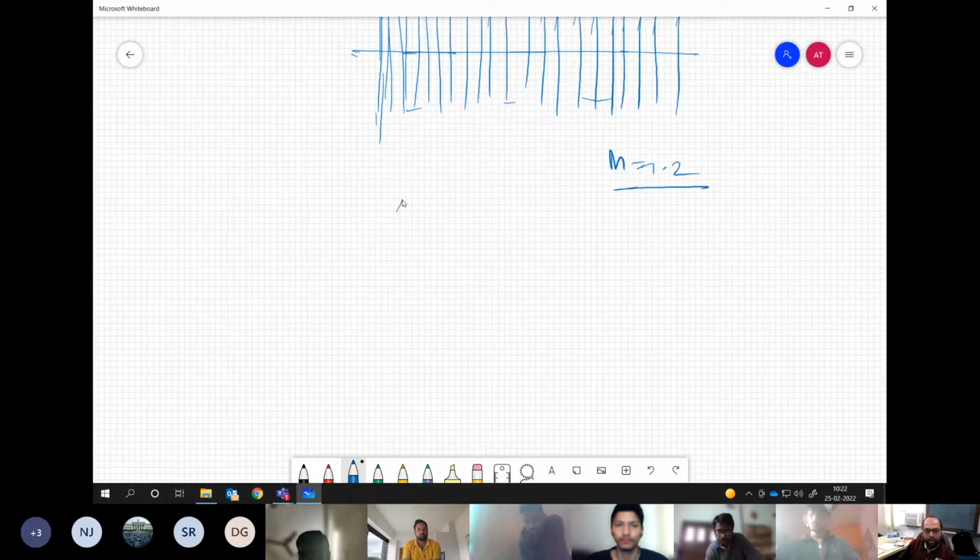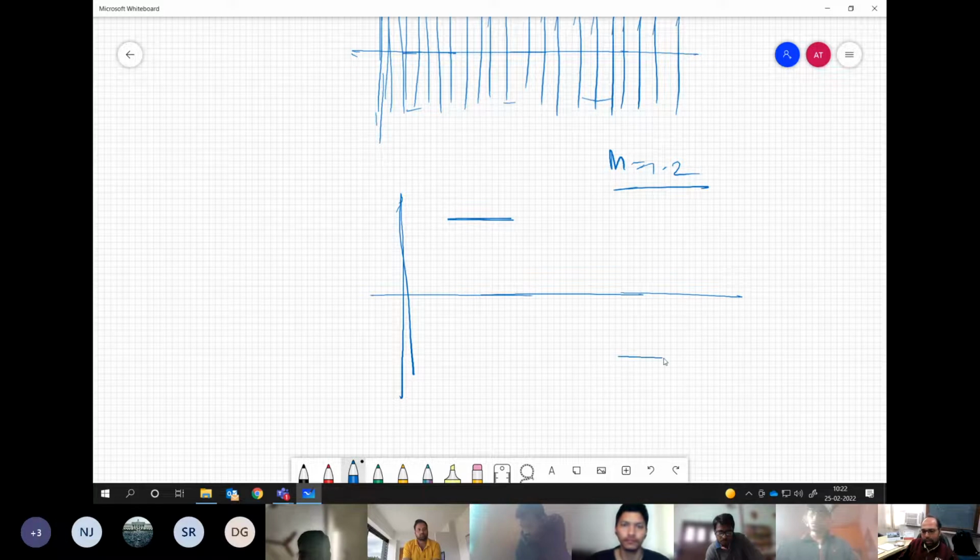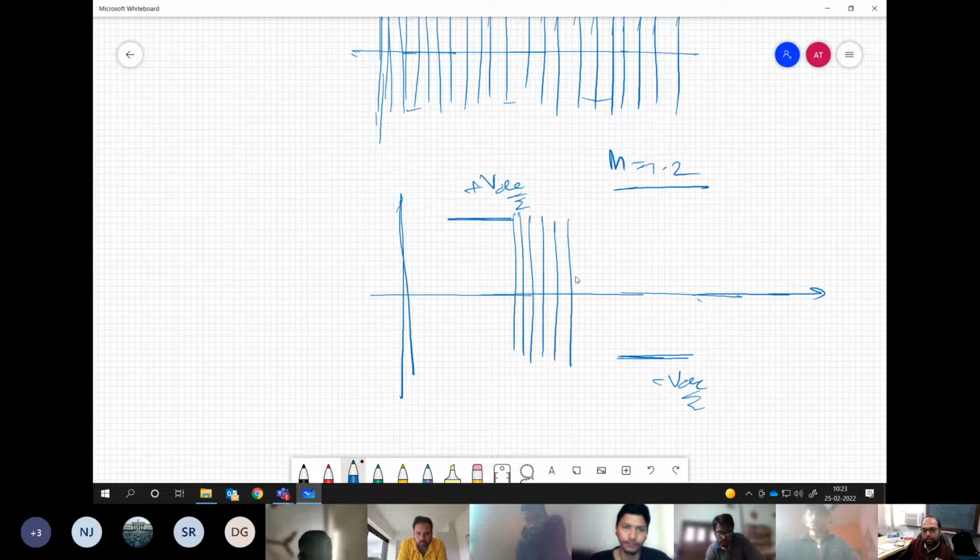You will have a duration where you don't have any switching, you don't have any comparison. There will be a blank plus VDC by 2. And similarly on the negative half cycle, you will have minus VDC by 2. And the rest of the waveform will be switching as it is.